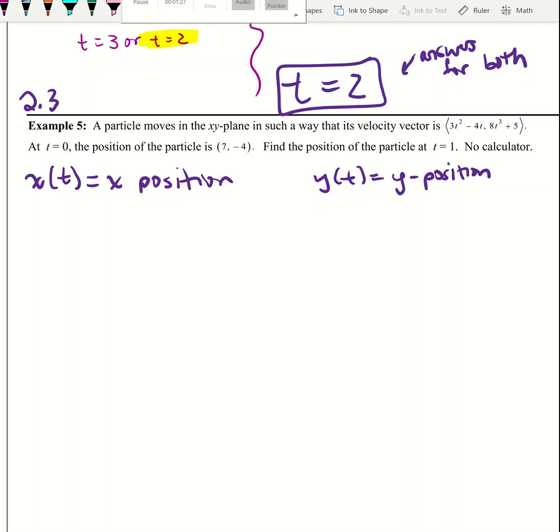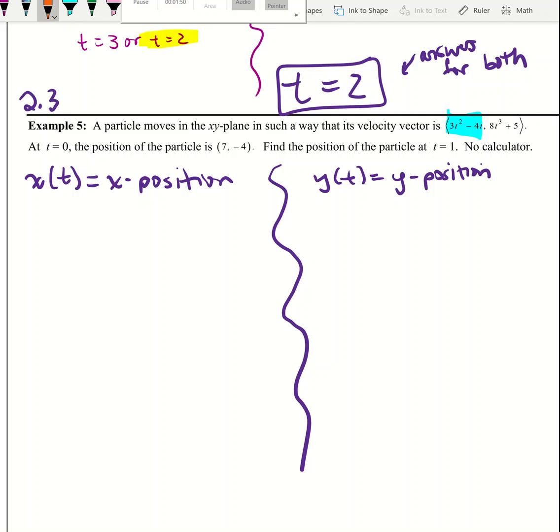Now we know that the position is starting, in terms of the x, let's just look at the x first, at a position of 7. And then we're moving. And remember, the velocity x component will show us the rate of change of that movement. So if I want to undo that movement, that would allow me to see how that x position is changing.